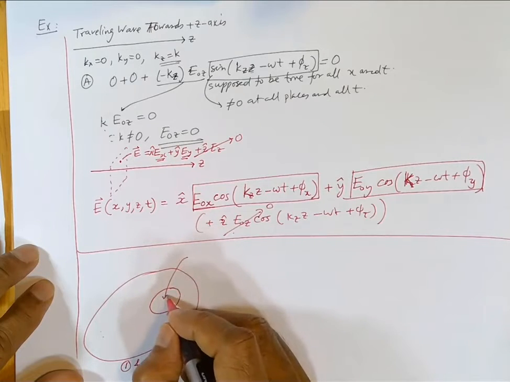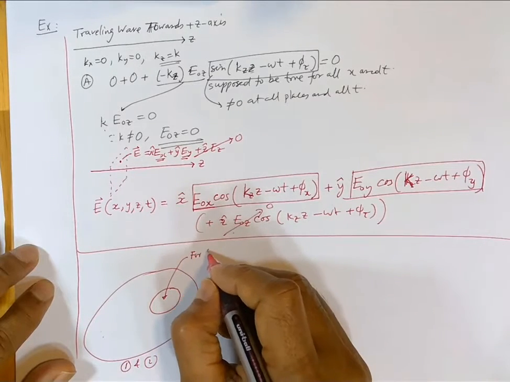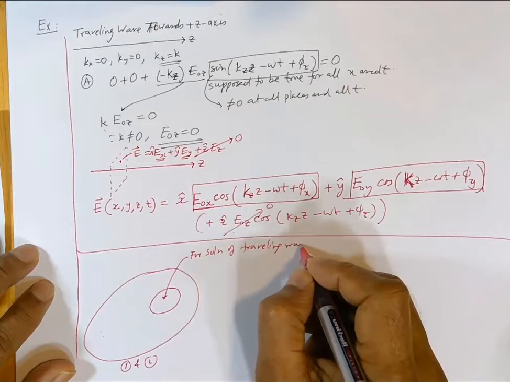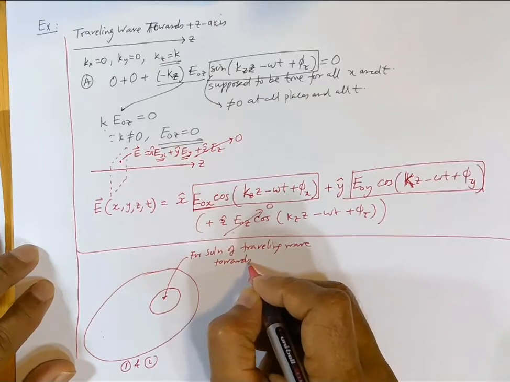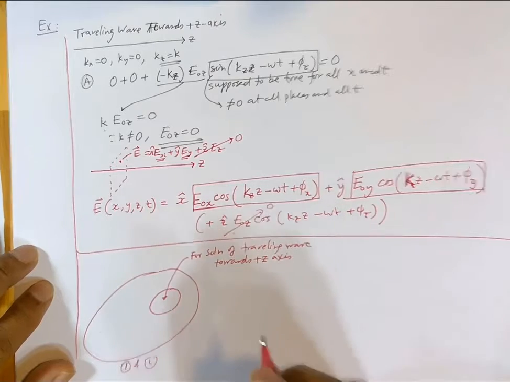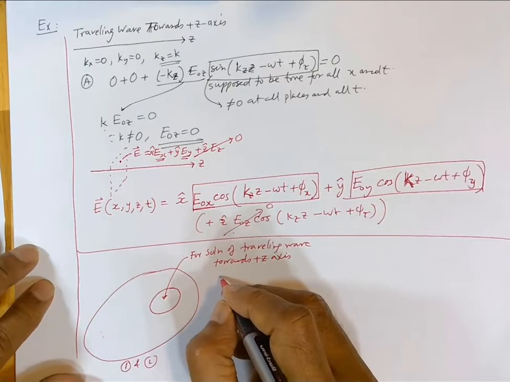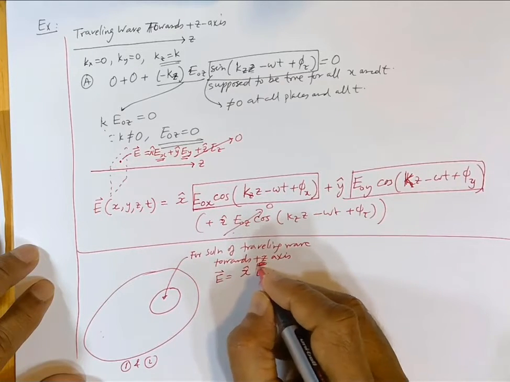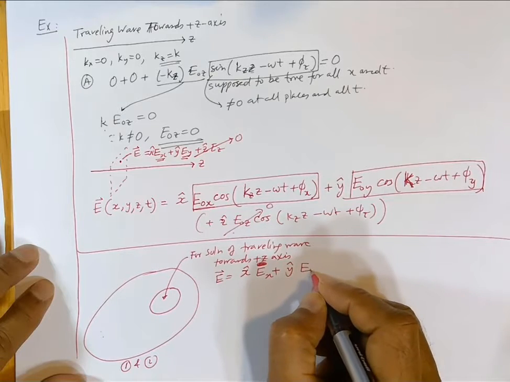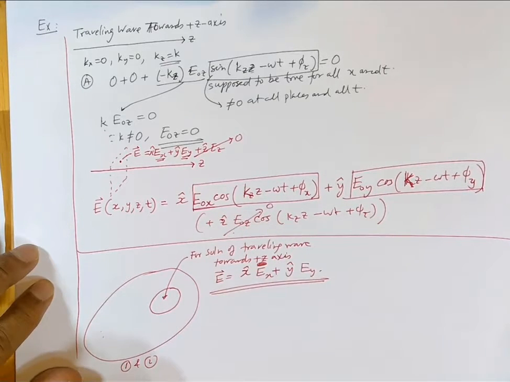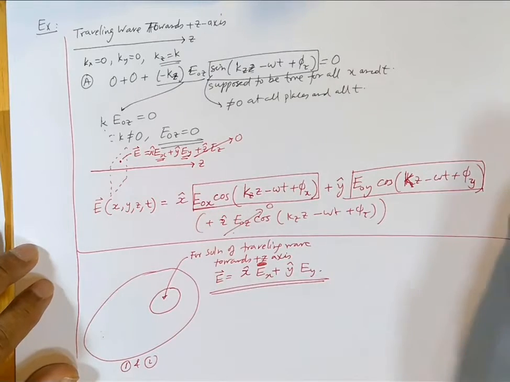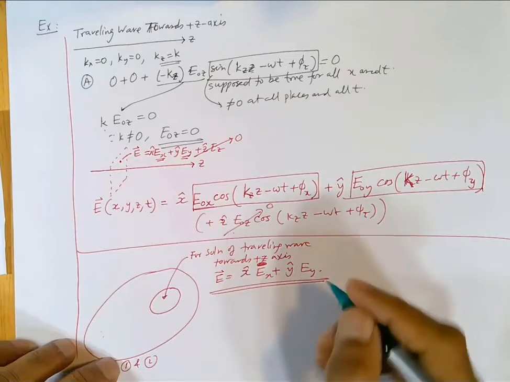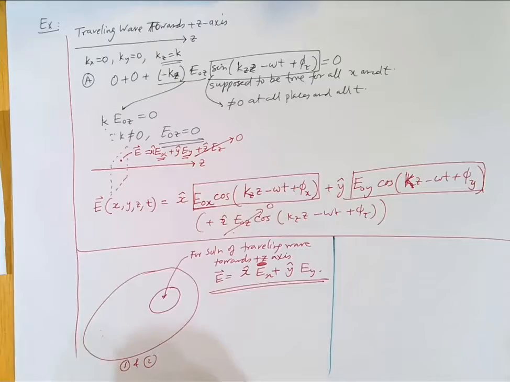Here it seems like for the solution of a traveling wave towards positive z-axis, electric field is only x hat Ex plus y hat Ey. That's pretty cool, right? How about the magnetic field? Do I need to work out magnetic field separately? The answer will really surprise you: you really don't.